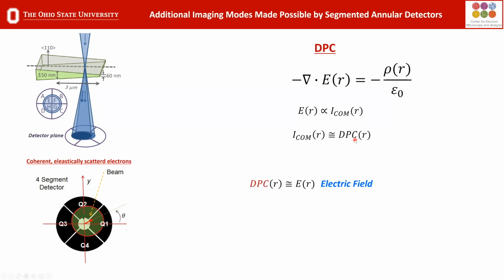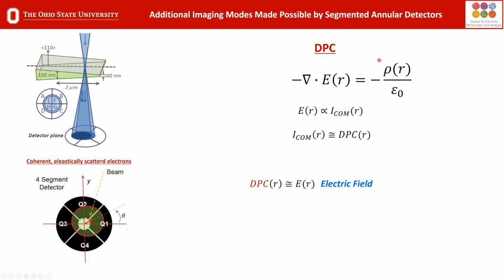I've just shown you how the DPC signal can be used to image electrical fields on the atomic level. And then if we're in Lorentz mode, it can be used to image magnetic fields, right? So this is what we're solving and what we're showing, which is a part of this equation for Gauss's law. But with Gauss's law, you can take a derivative of it, or you can integrate it.